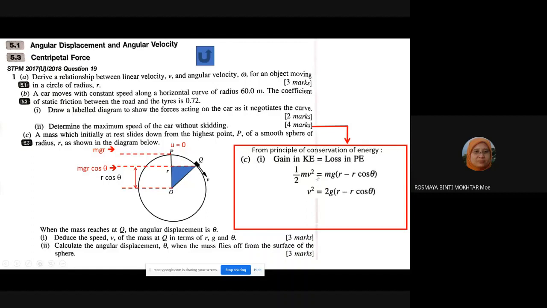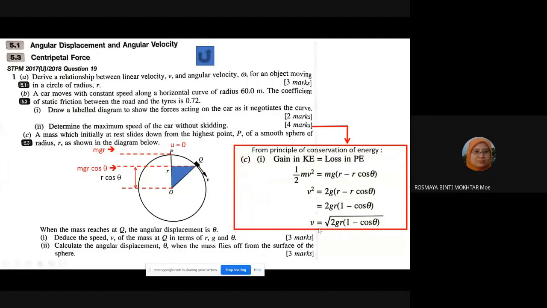Next we can cancel out m. So we get V squared equals 2g bracket R minus R cos theta. Then, to simplify the expression, we factor out R, and then take the square root.